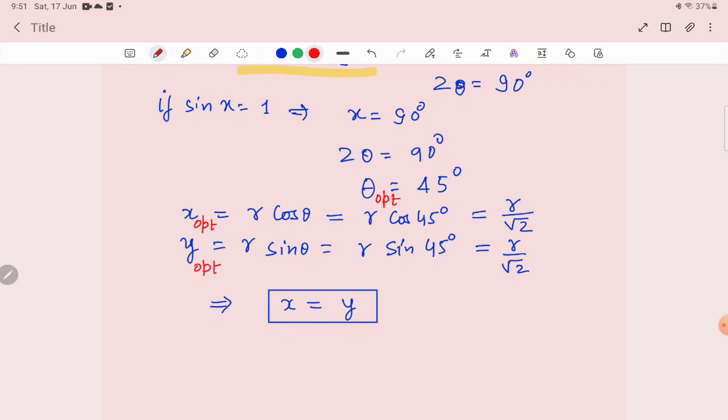So the optimum value of theta is 45, which means if theta is 45, then only the area will be maximum, and if theta is 45, then the values of x and y will be equal. That means the rectangle is a square now.